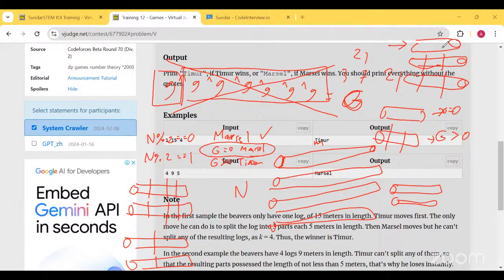But if the first player cuts the unpaired log, then just cut this log so that the Grundy number becomes equal to 0.